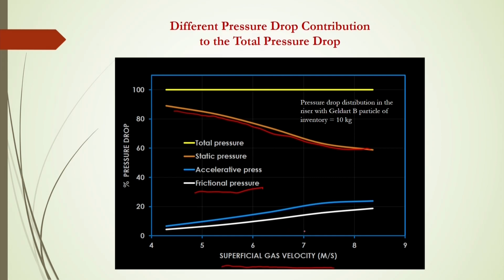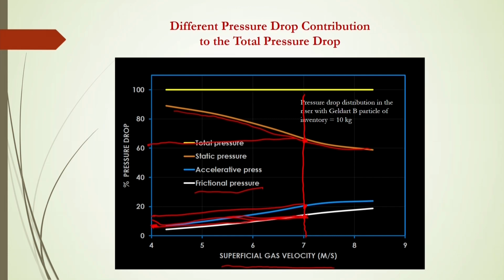Now, if you consider a line at a certain superficial gas velocity, what will be the percentage of each contribution, and what will be the percentage of the accelerative pressure drop out of the total pressure drop? The total pressure drop is 100 here. If this one is, say, 18, and this is maybe 10, 12, 13, the remaining one will be the head pressure drop.